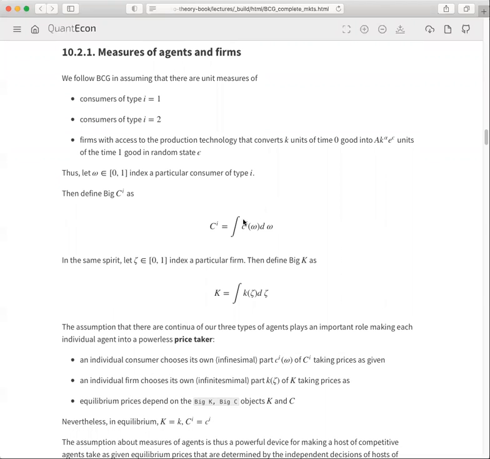So we're going to define a big C. I'm going to index a person, your name is going to be omega, if you're a type 1 person, and I'm going to define big C as this, where I'm going to integrate the little c's between 0 and 1.